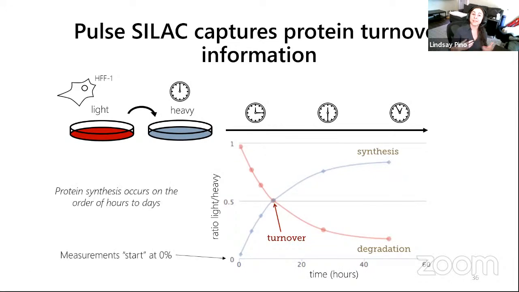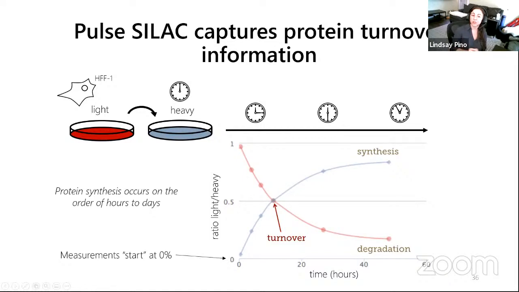When I look at this as a quantitative proteomicist, I notice two things. The first is that all of these measurements start at 0. So to shape this curve, to get to the 50%, having these initial points is very important. Having these low abundance ratios is very important. The next thing I notice is that these protein synthesis values occur on the order of hours to days.